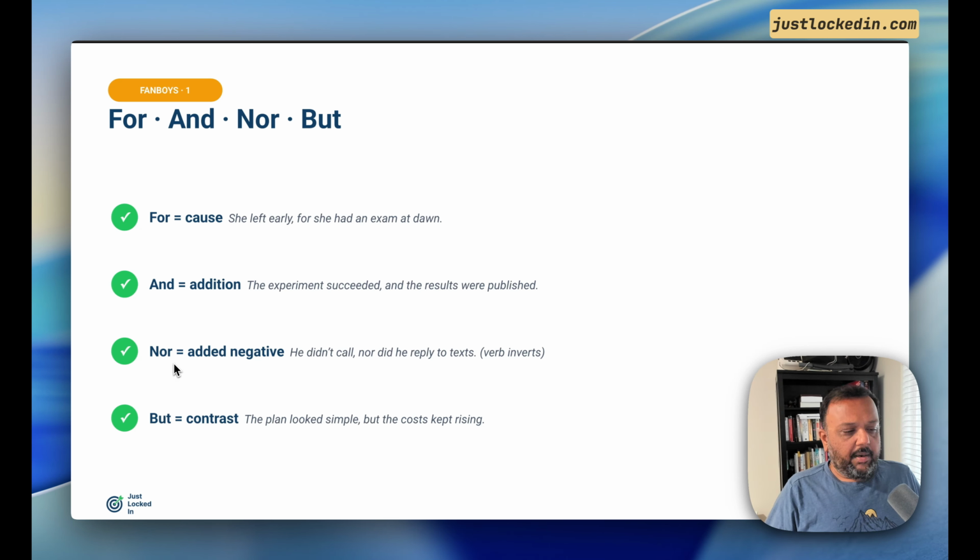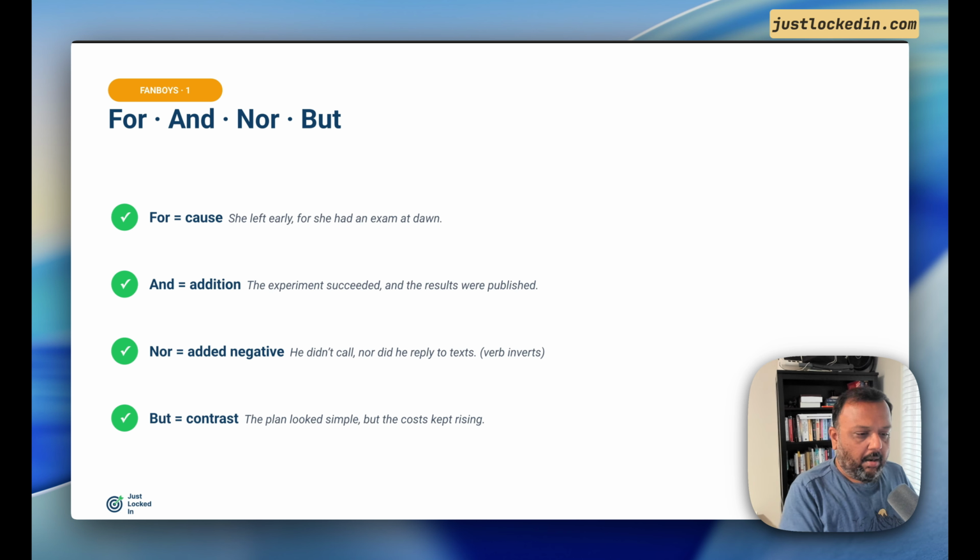Nor is an added negative. You have to read this a bit differently here. He didn't call is the first independent clause. The second independent clause is he didn't reply to text. Essentially he did not do two things. What did he not do?